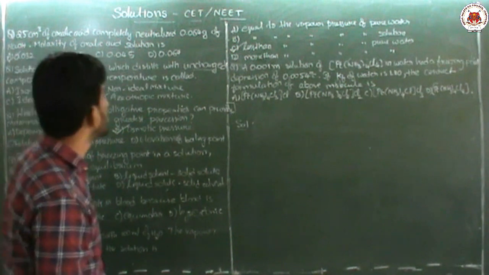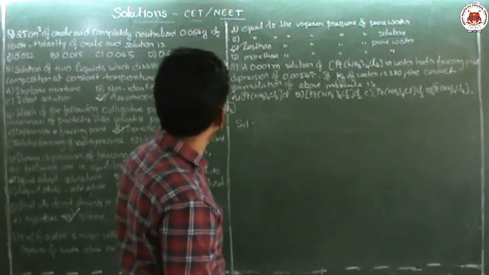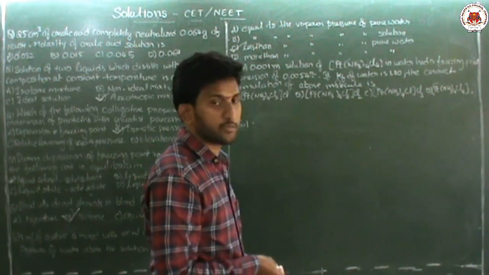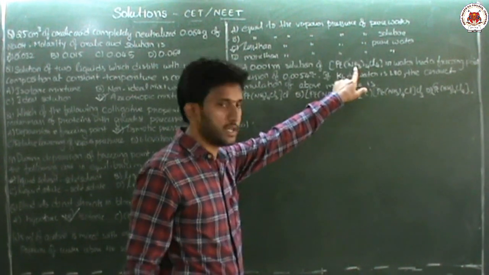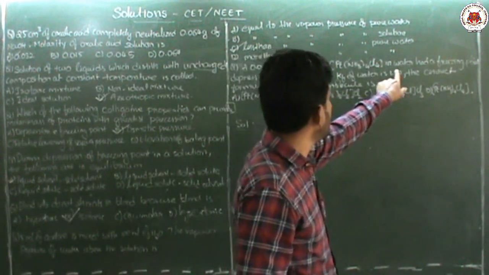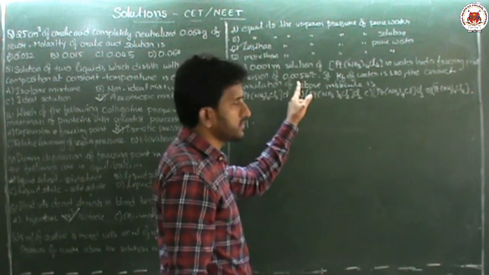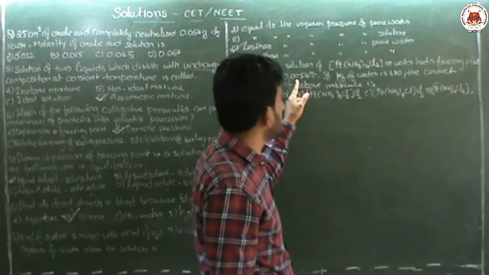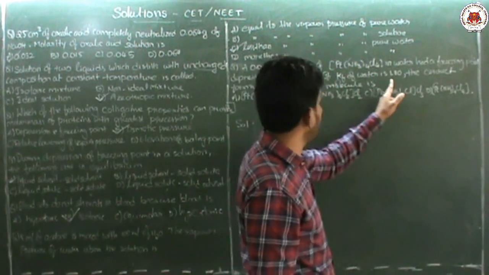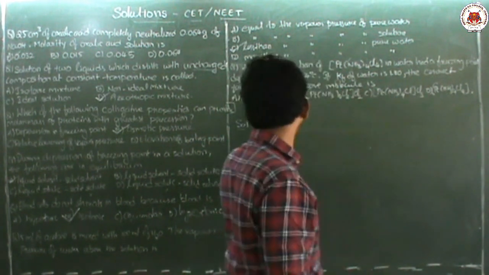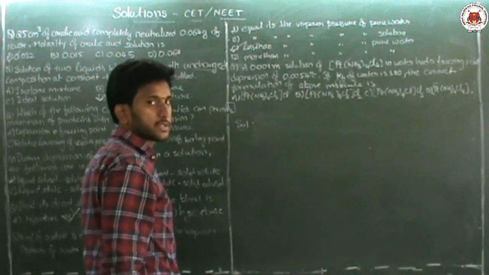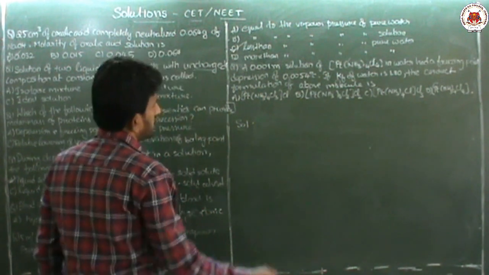Next question is, a 0.001 molar solution of platinum NH3 taken for Cl4 in water had a freezing point depression of 0.0054 degrees centigrade. If Kf is 1.80, the correct formula of the molecule is.